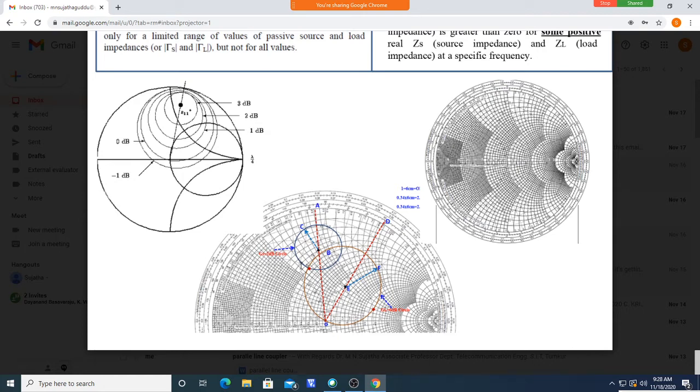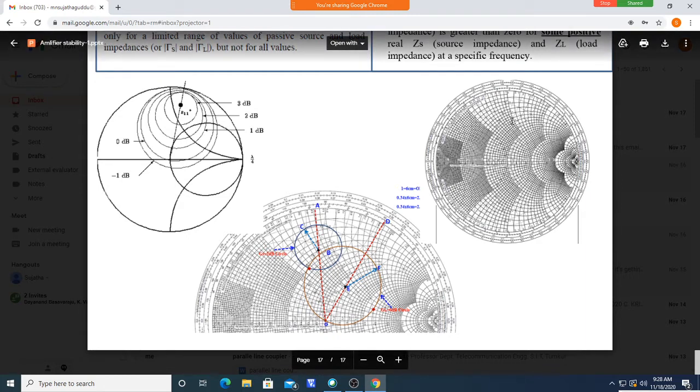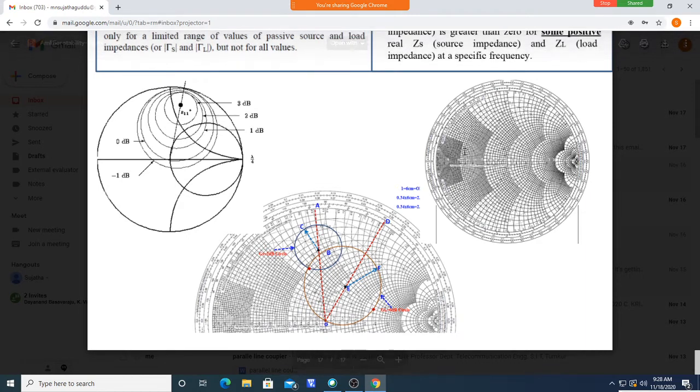Need not worry about whether it gives stable operation or not, because you already checked it using delta and K. So for 2 dB you draw a circle and you can take any value over this circle, if it is unconditionally stable. Similarly you can take any value over this if it is unconditionally stable. This is called the stable region now. If K is greater than 1 and delta is less than 1, any value over this gives stable operation.